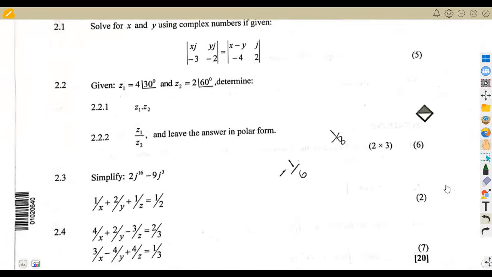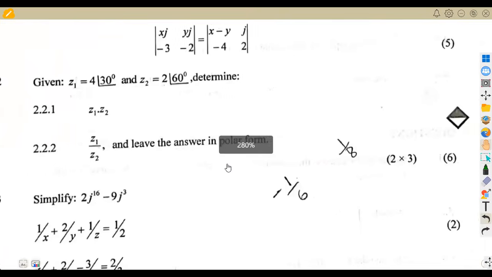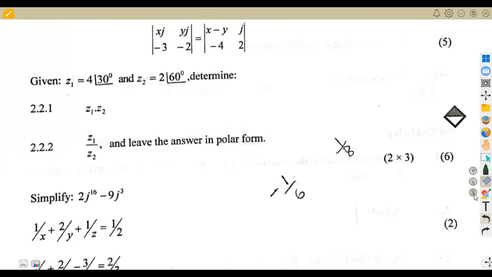2.2 is just to simplify. We are given Z1 and Z2, which are in polar form. If you check here, your Z1 and your Z2 were in polar form. Then you're asked to determine the product of Z1 and Z2, then Z1 over Z2, and leave your answer in polar. Already it's in polar form, so this one was just direct.